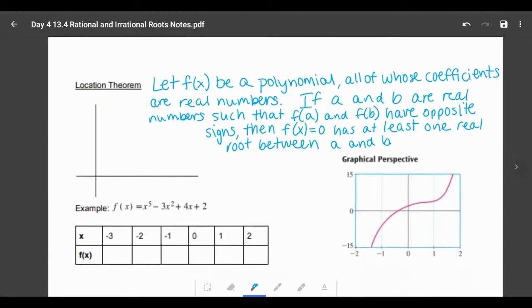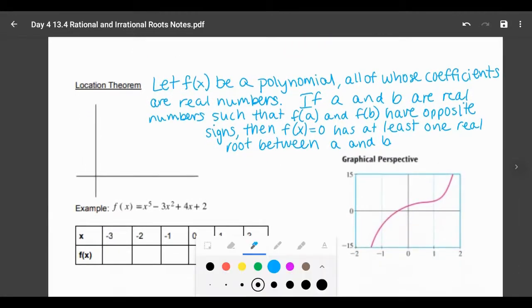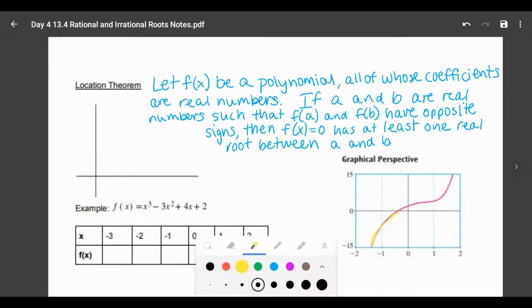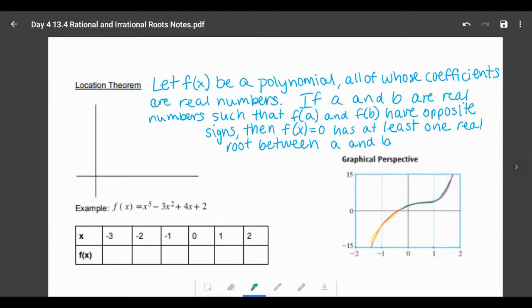So if you look at this graph down here, if I were to determine where the graph changes from having negative values to positive values, right?